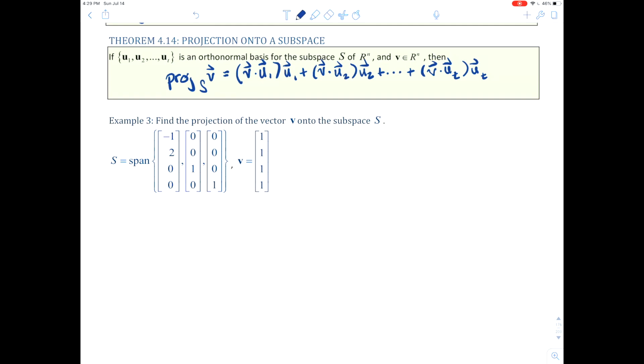So let's take a look, okay? S is orthogonal, because if you check all of these vectors, if we call them W1, W2, W3, these are mutually orthogonal because they have dot products that are 0 within S. So let's find U1. U1 would equal W1 divided by the magnitude of W1.